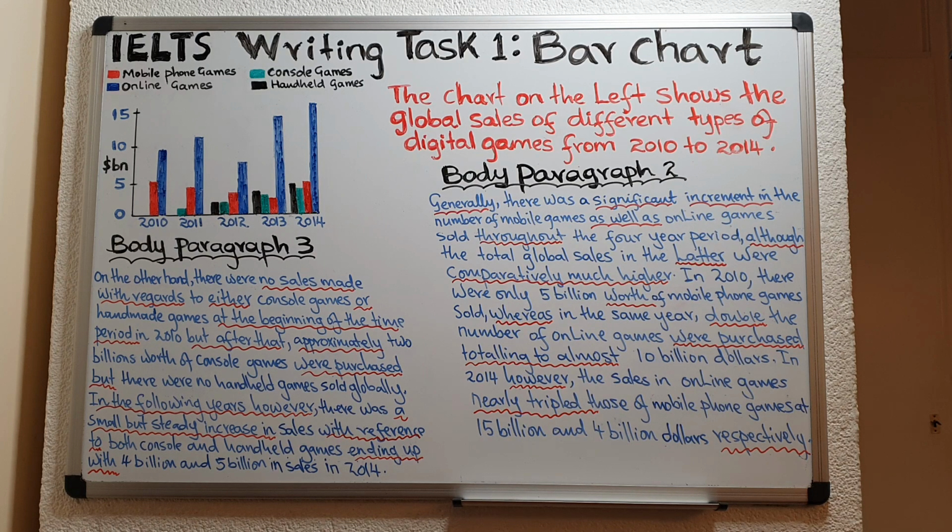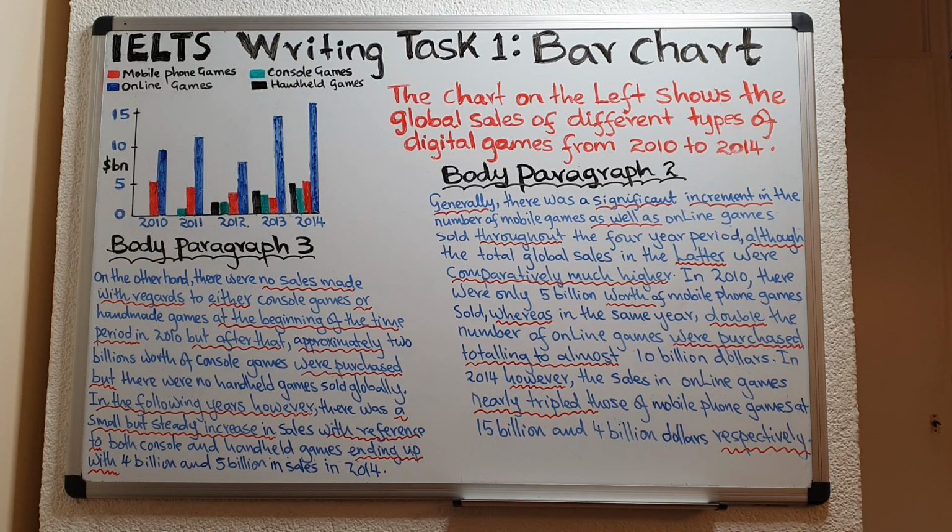And the difference is that the total global sales in the latter, that is in online games, were comparatively much higher. Now, when you look at the blue throughout the 4 years, you notice that it is much higher than the red. So that is an obvious difference, okay? Although the total global sales in the latter were comparatively much higher.